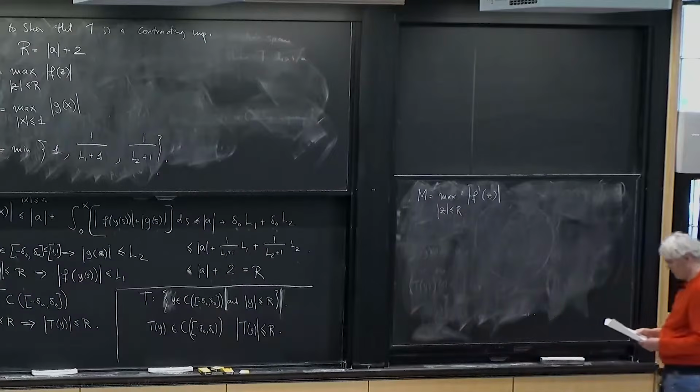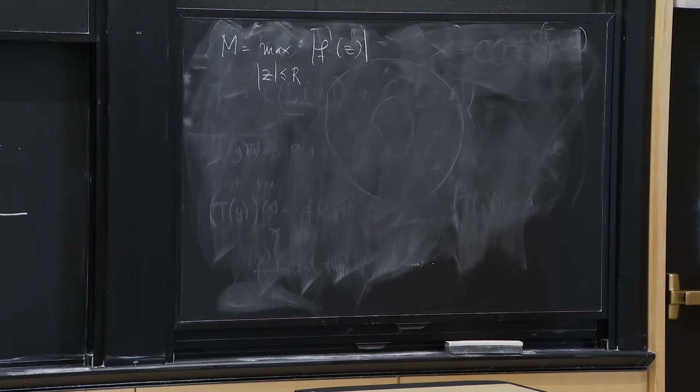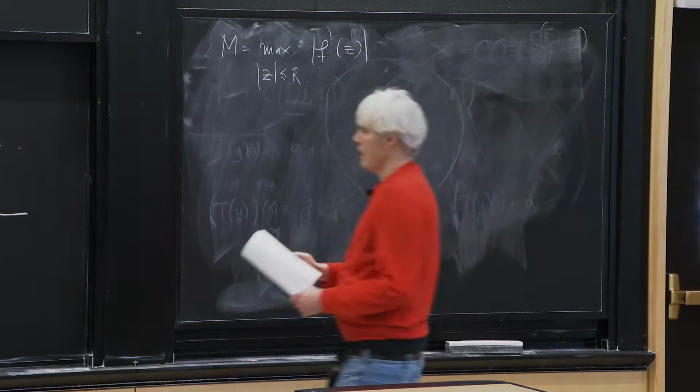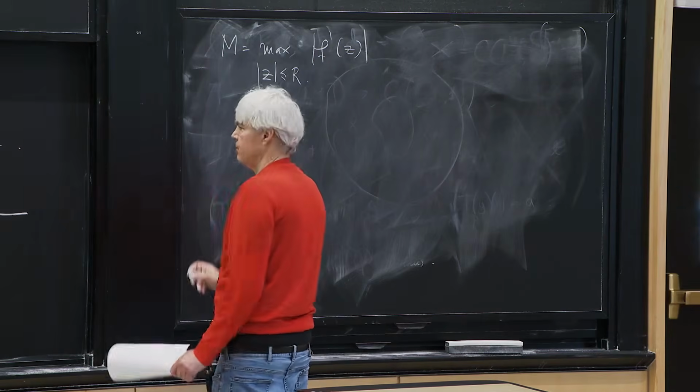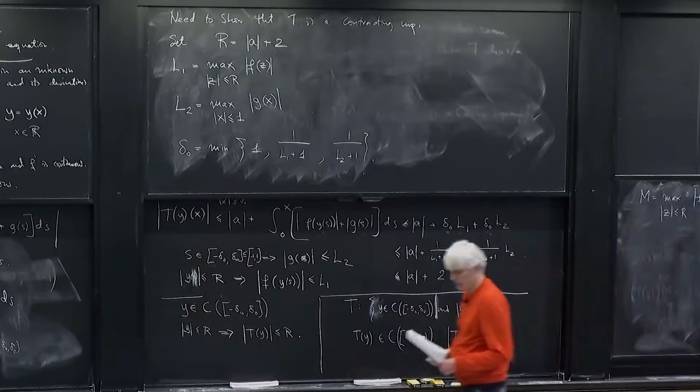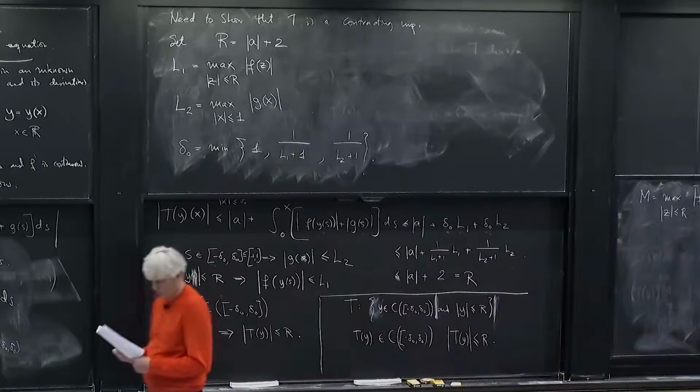Fine. So this is my, well, almost the second last constant, unfortunately. And now the last constant is going to be the interval that I'm going to work with, right?